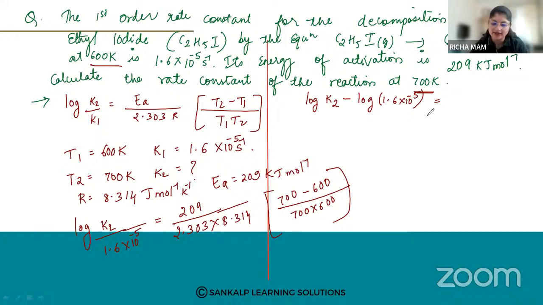Or I'll do separately: 2.303 into 8.314 is 19.147. Then 209 divided by 19.147.